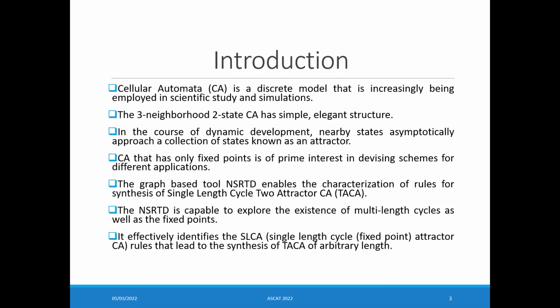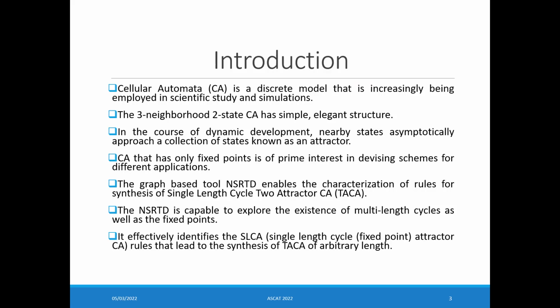The CA that has only fixed point attractors is of prime interest for devising schemes for different applications like cryptography and authentication, pattern classification, or finding faulty nodes in wireless sensor networks.